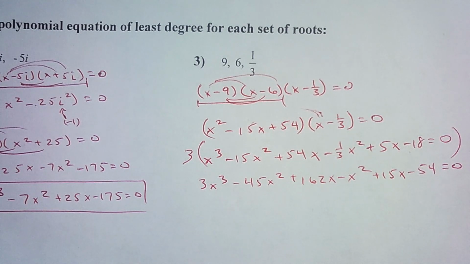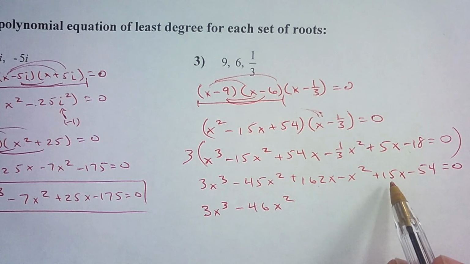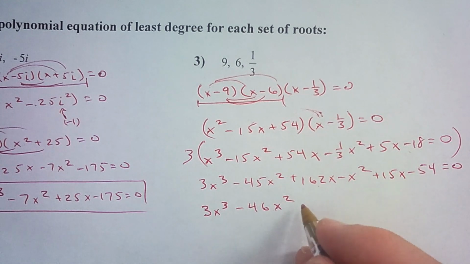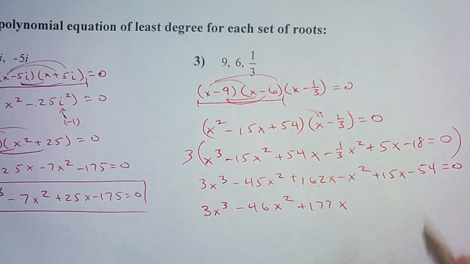And now I'll combine like terms and put this in descending order. So I have 3x cubed, then negative 45x squared minus x squared is negative 46x squared. 162x plus 15x is 177x, minus 54 equals 0.